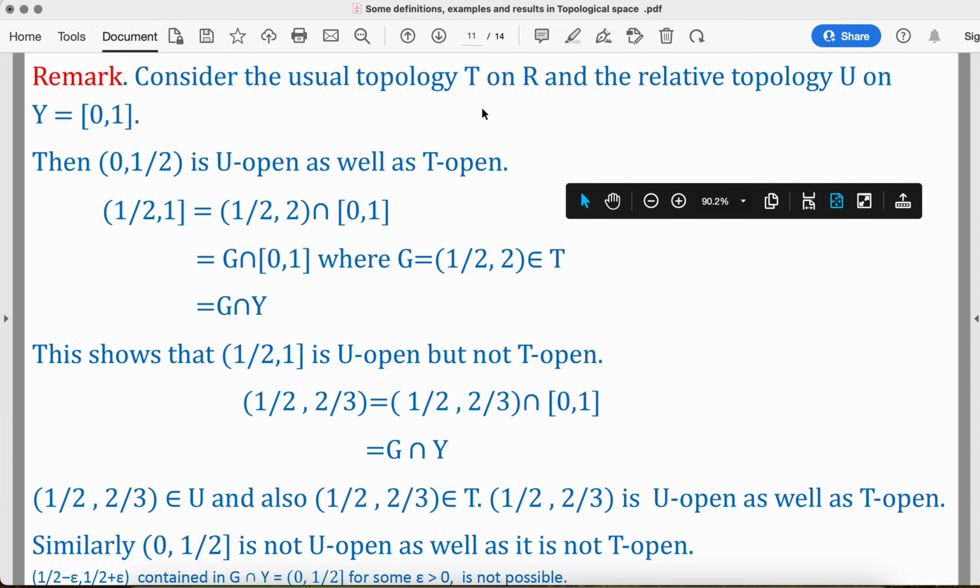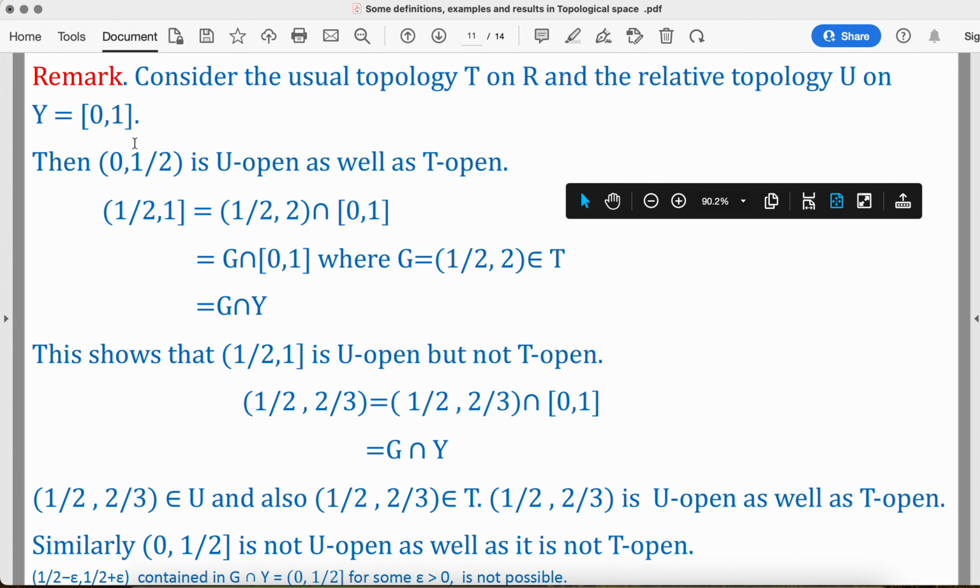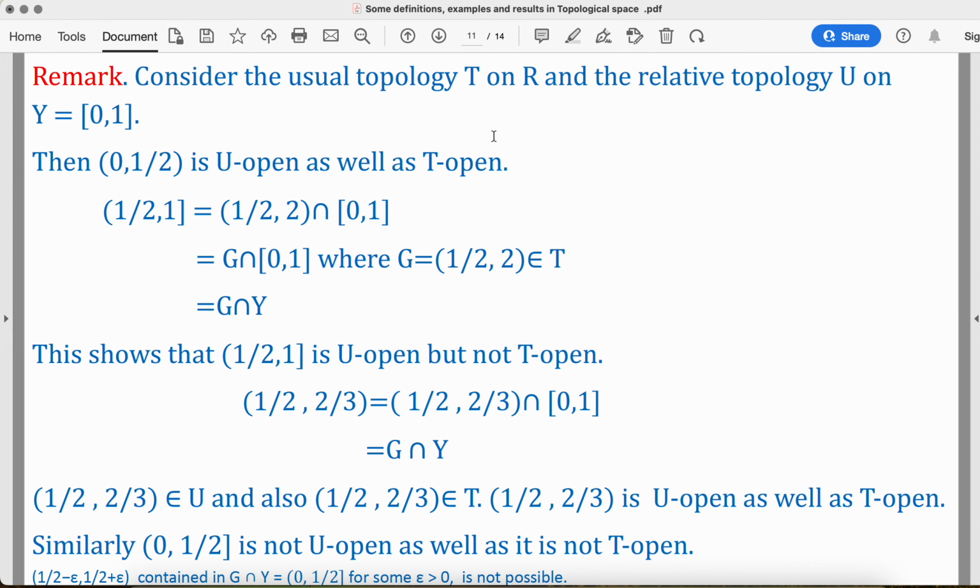Consider the usual topology T on R and the relative topology U on the set Y equal to [0, 1]. Then the open interval (0, 1/2) is U open as well as T open, meaning it belongs to U as well as T, because we know that elements of a topology are called open sets.